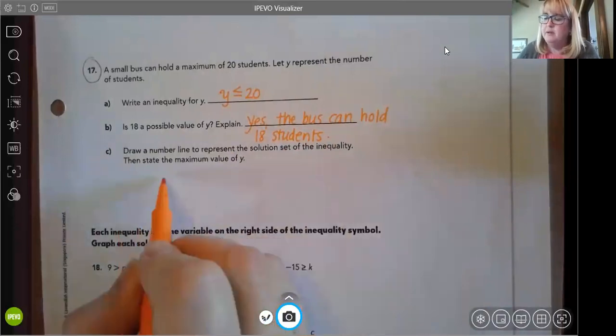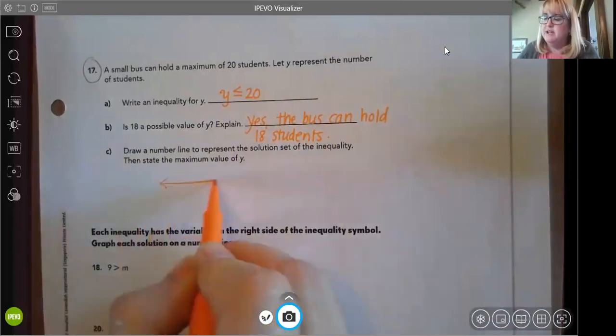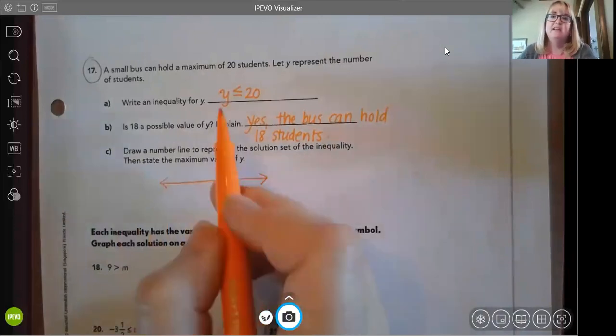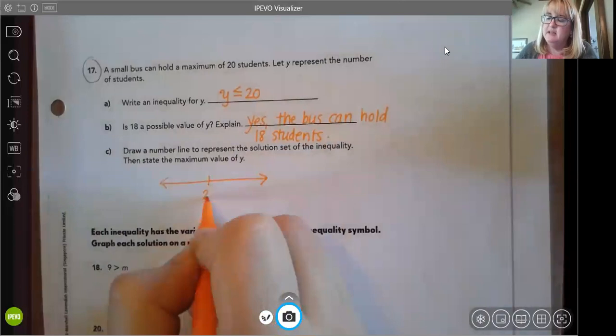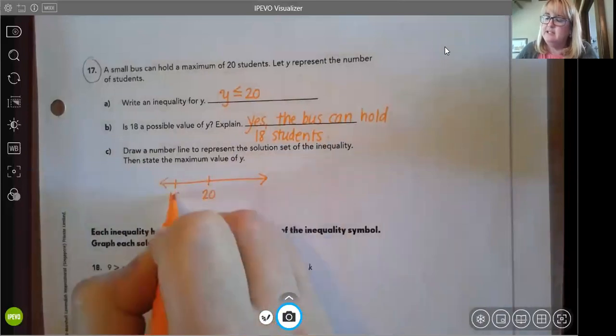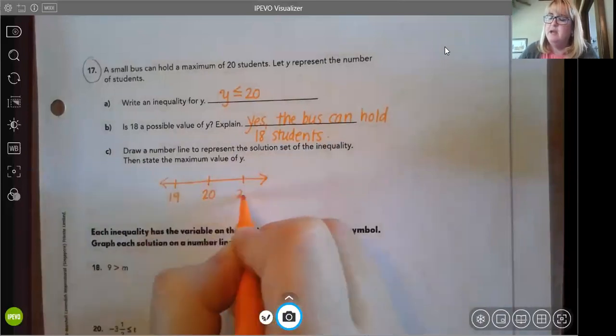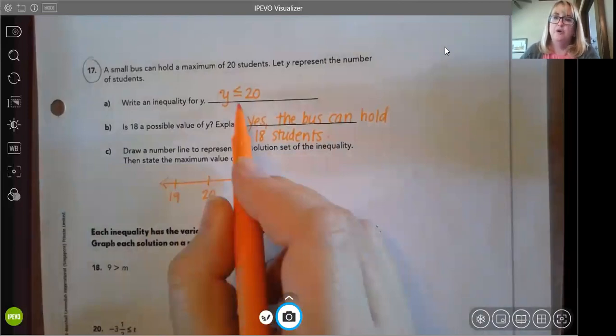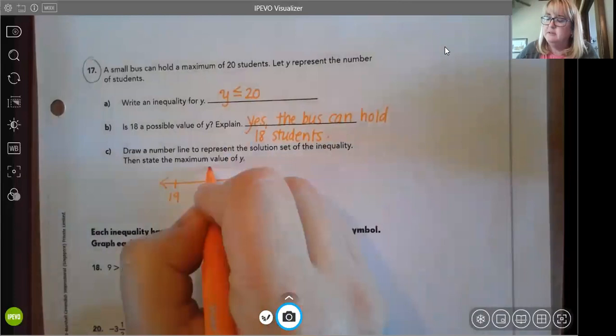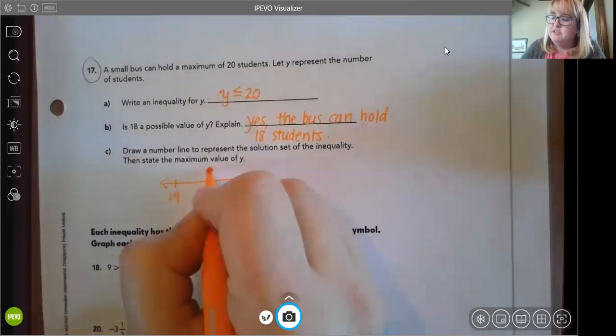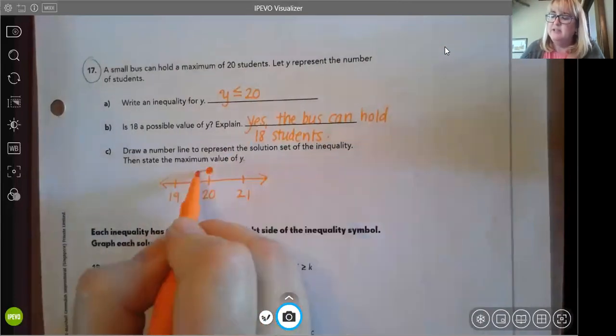Okay. So we are graphing this. y is less than or equal to 20. So 20 is my target. Got 19 and 21. Less than or equal to, open or closed circle? It would be closed. All the numbers that are less than go this way.